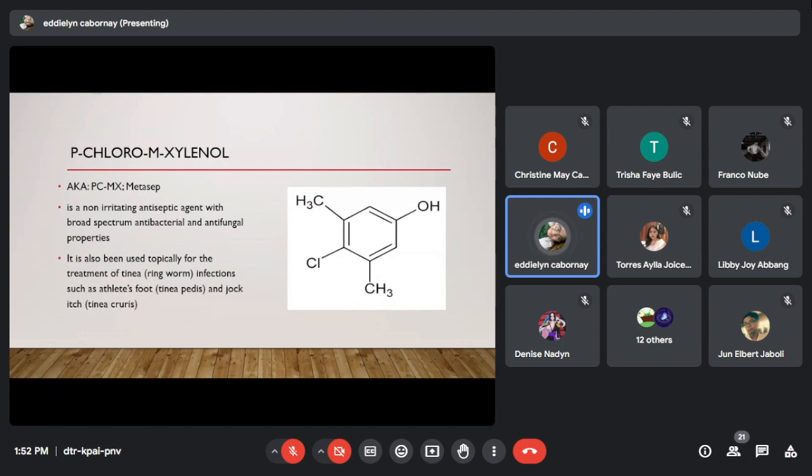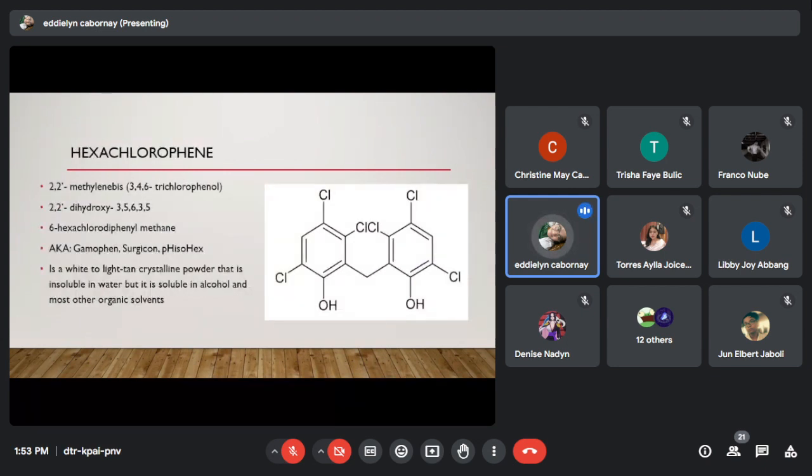The 2% concentration of parachloro-meta-xylenol is used in shampoo. It is also used topically for the treatment of tinea or ringworm infections such as athlete's foot and jock itch.